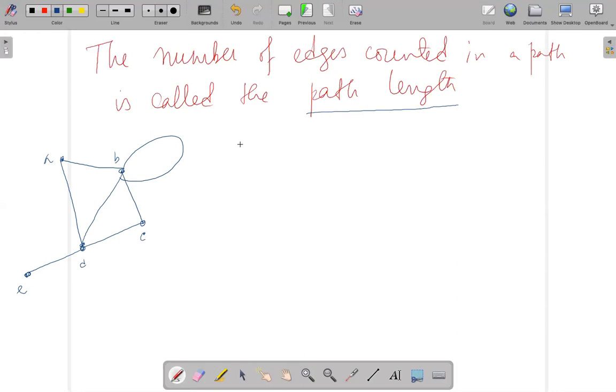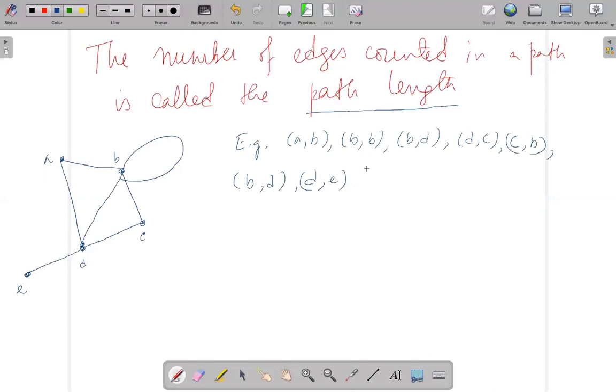Here an example of a path could be AB, BB, BD, DC, CB, BD, DE.